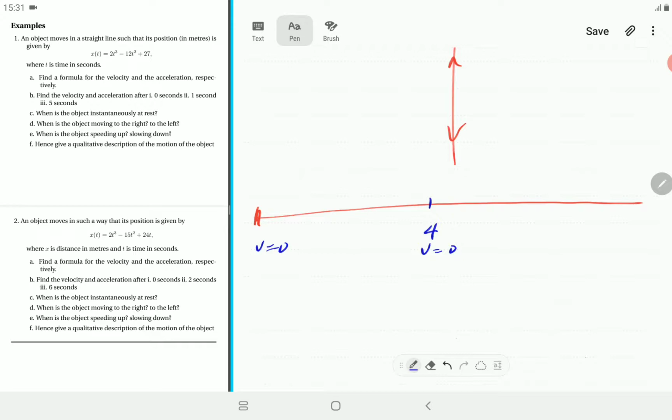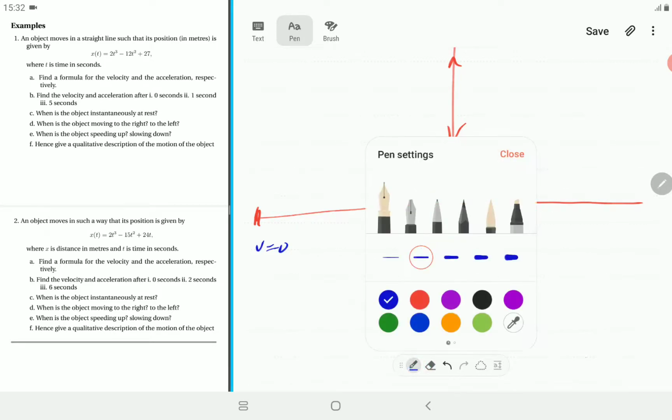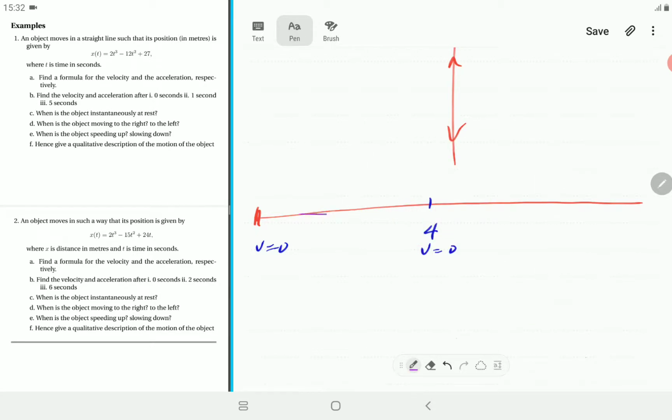So this divides the timeline into two regions. We just need to find out whether the velocity is positive or negative in each.